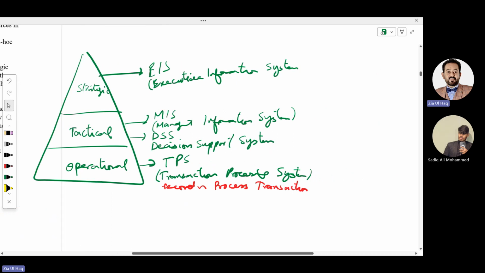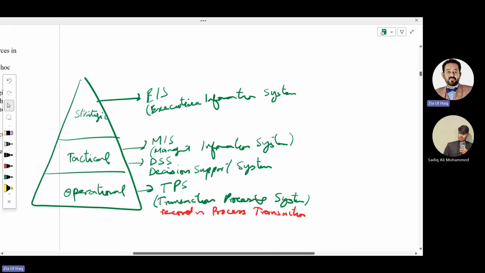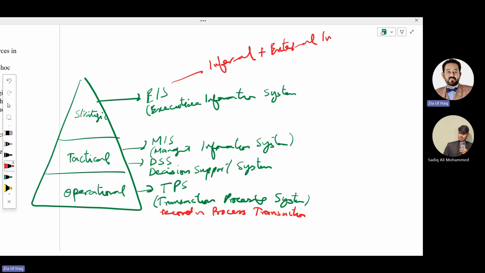EIS, Executive Information System, is a system that is used by top management at strategic level to make long-term plans, long-term strategies. This is a system that provides internal as well as external information to top management so that they can make long-term strategies.